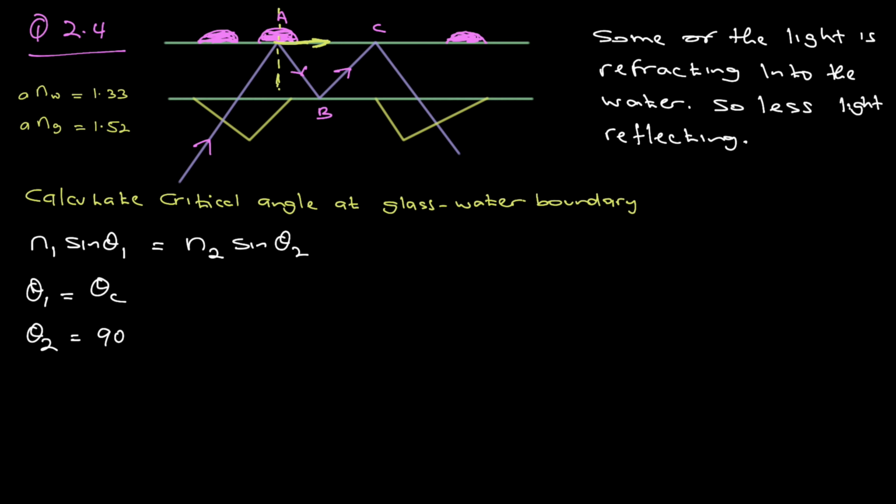When we apply this formula, we can find the critical angle, theta 1. So sine of the critical angle equals n2 sine 90, and sine 90 is 1, so n2 over n1.